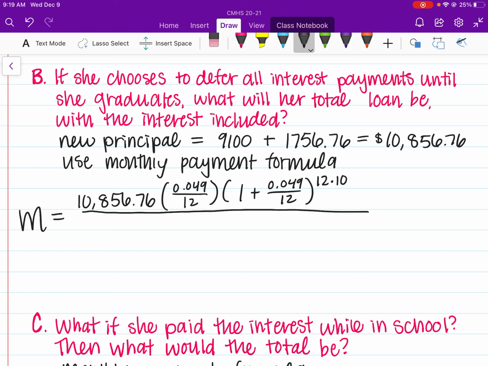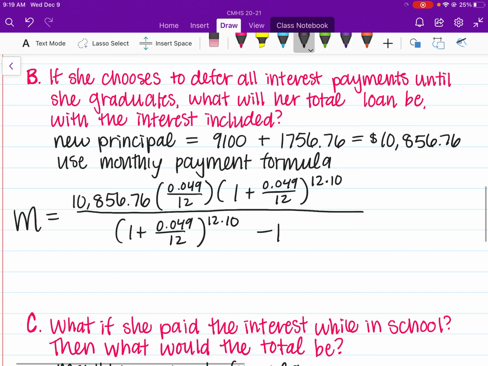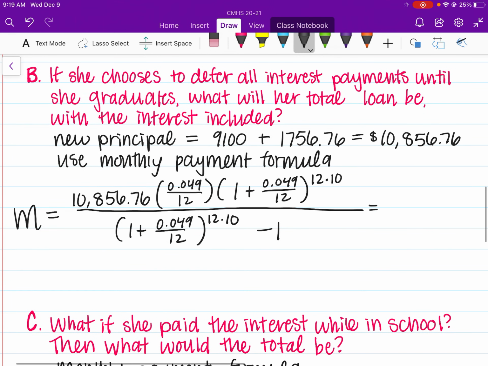This loan is a 10-year loan, so 12 times 10 years. On the bottom, we have 1 plus 0.049 over 12, to the 12 times 10 power minus 1. So that's the monthly payment formula.